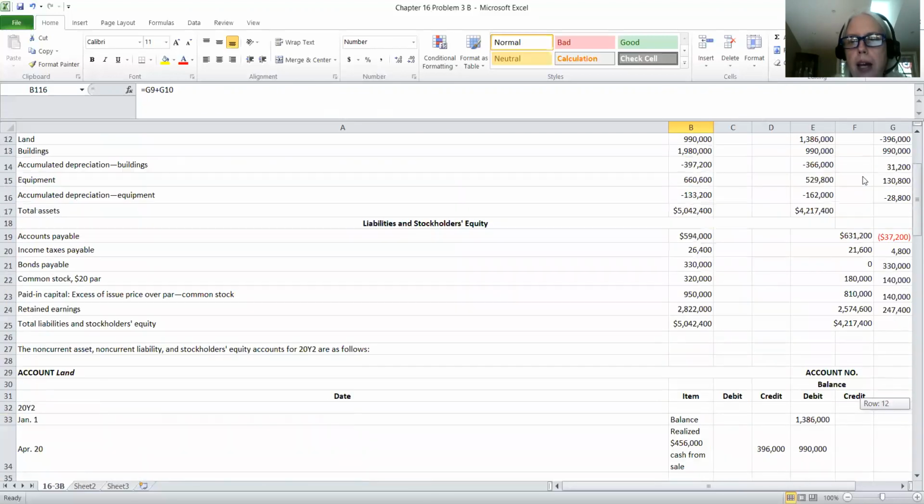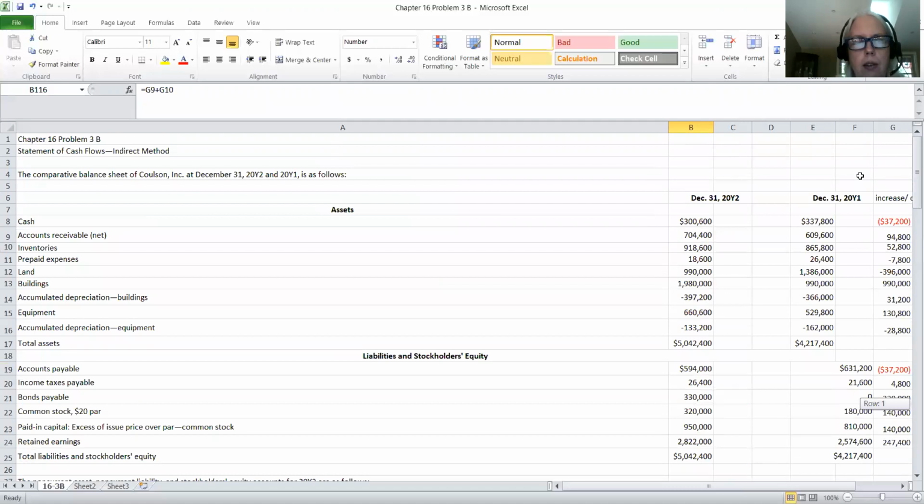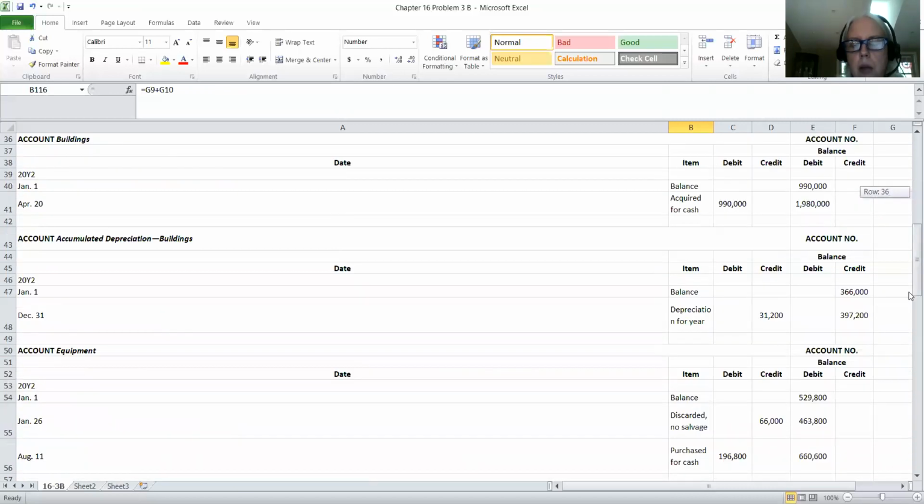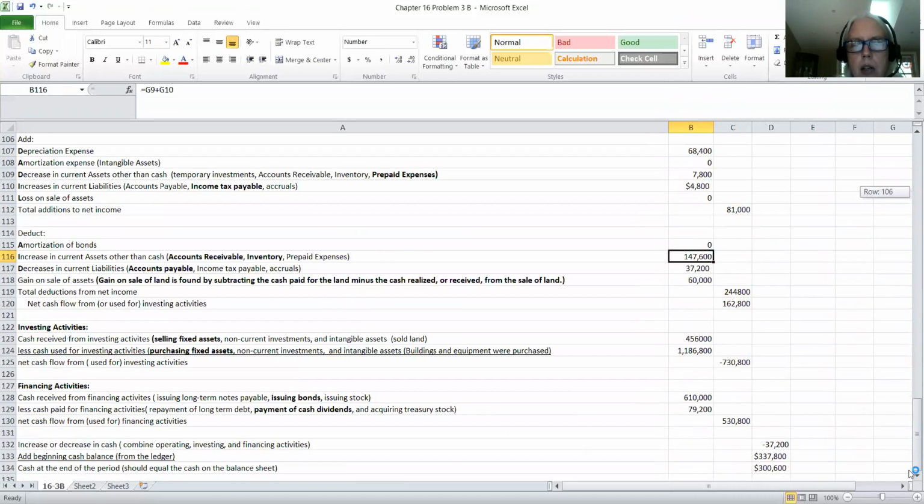So if you look at your balance sheet under your current assets, you can see that there was an increase in accounts receivable for 94,800, and there was an increase in our inventories for 52,800. The two of these together combined is how we come up with the increases in current assets. And those increases in current assets together make up 147,600.